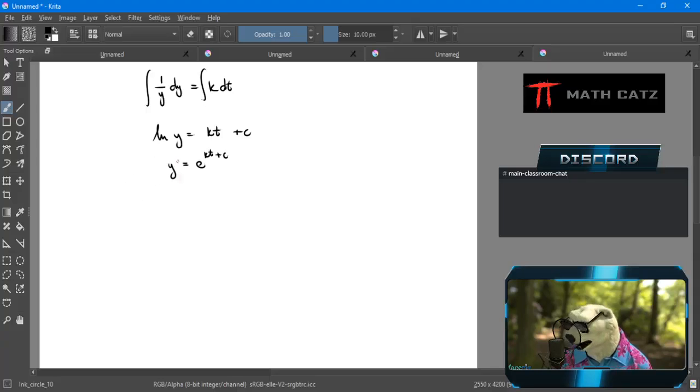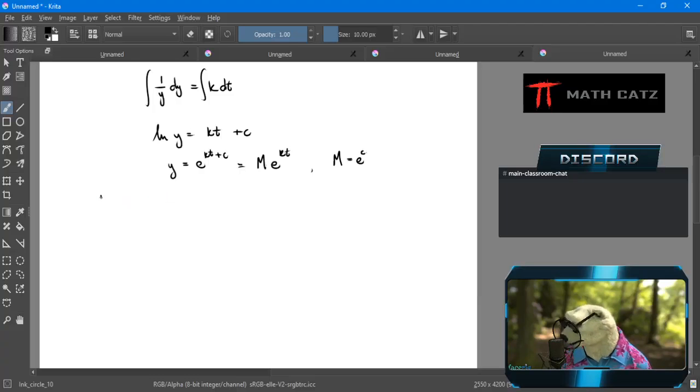Sometimes I have k, sometimes I don't, sometimes I have initial population, sometimes I don't, who knows. Then I'm going to write this as big M, e to the kt, where big M is equivalent to e to the c for convenience.